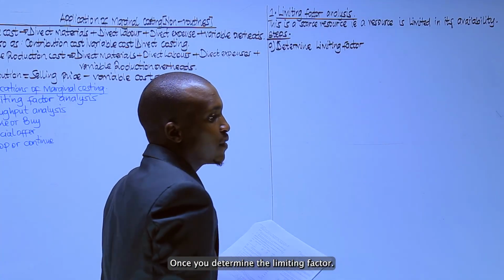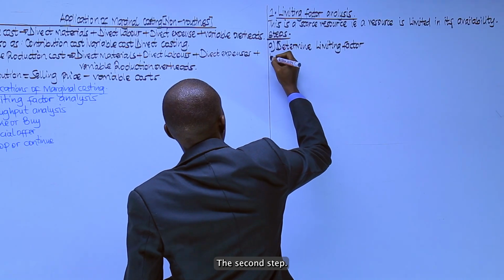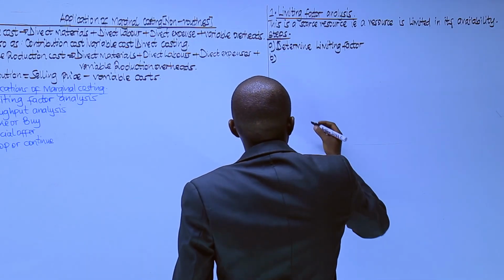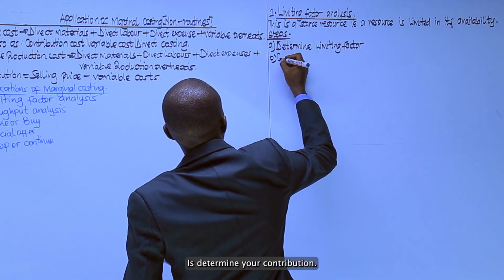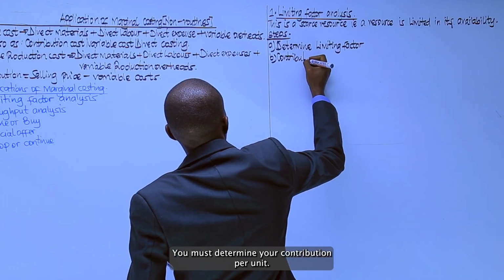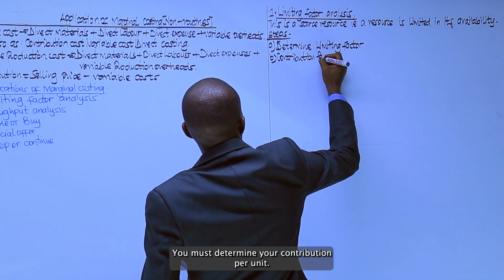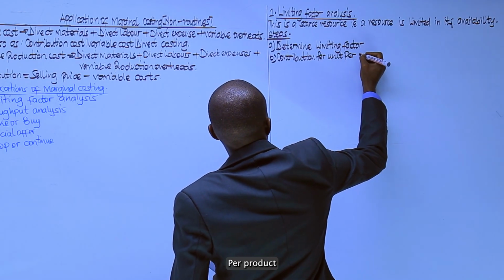Once you've determined the limiting factor, the second step is to determine your contribution per unit, per product.